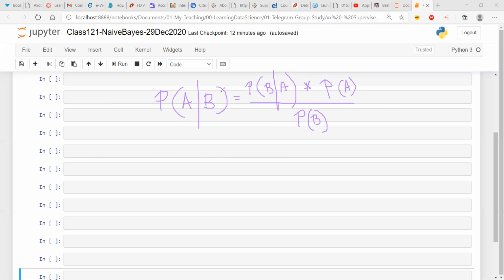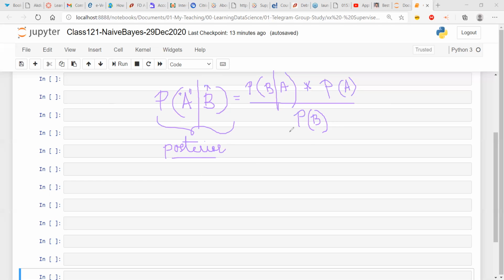Now, what do I mean by all these terms? First of all, what I'm trying to find here is the chance of one event A happening when B has already happened, which means I'm looking at something in a futuristic view. That's the reason why this probability is also known as the posterior probability.